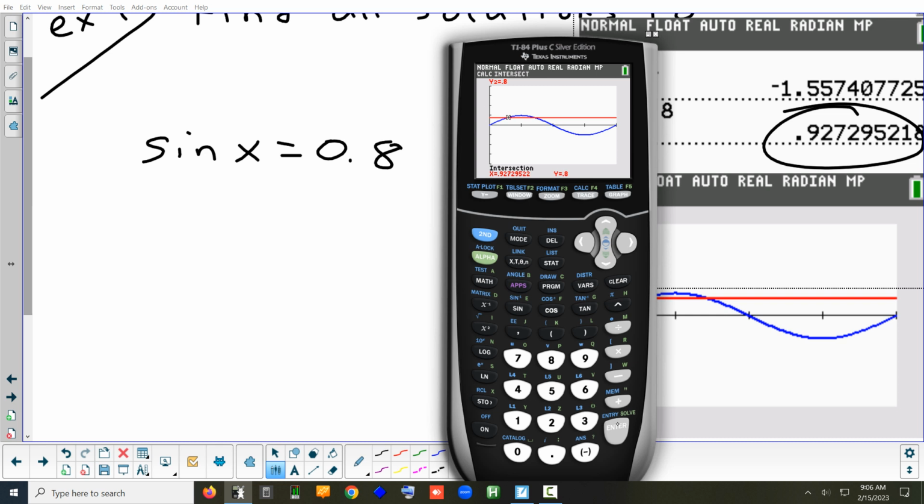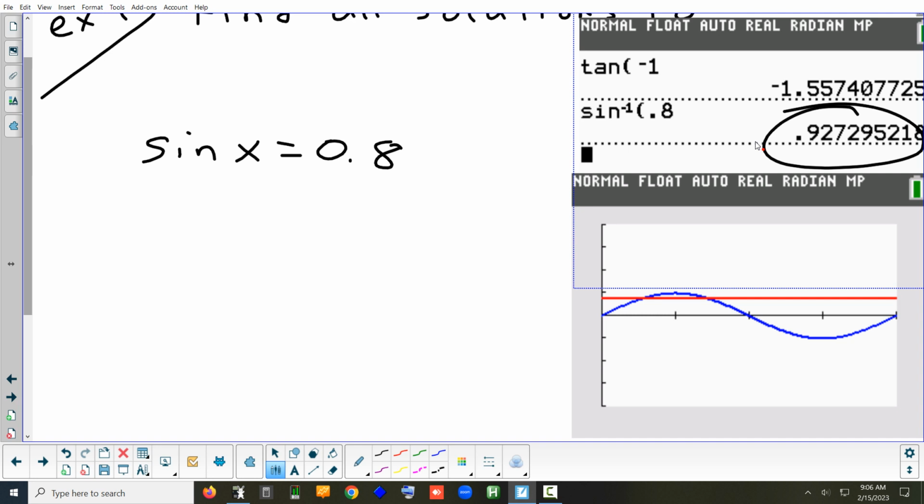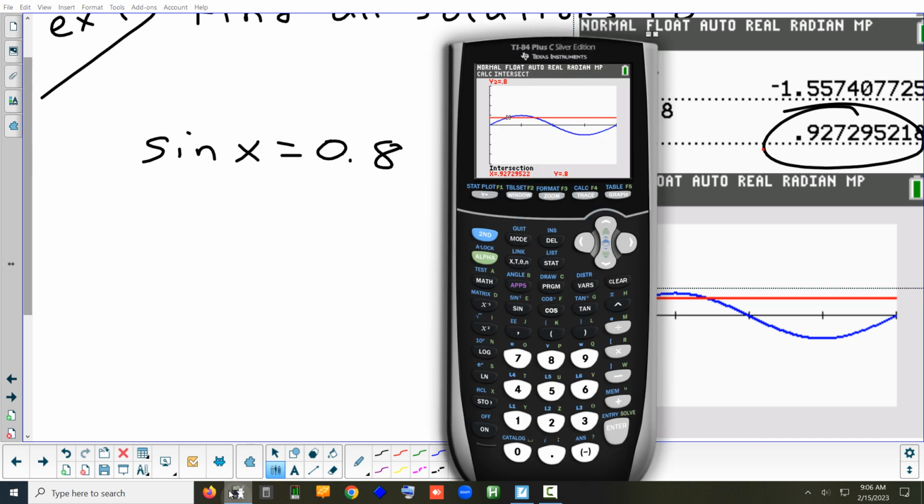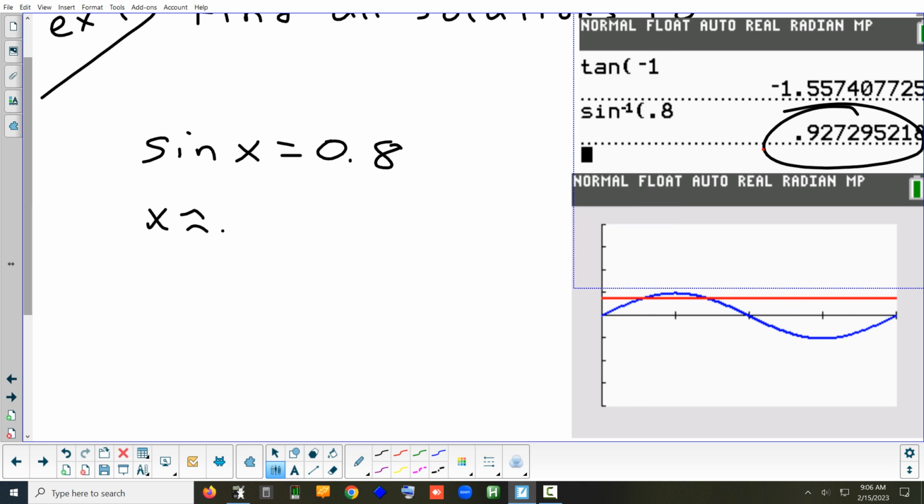That's exactly the answer that I got a lot faster just by doing inverse sine. The problem is there's a second answer, and the calculator did not give me the second answer. It only gave me one. It'll never give you the second answer when you solve it like I did. It'll only give you the second answer if you're graphing. So we got 0.927.